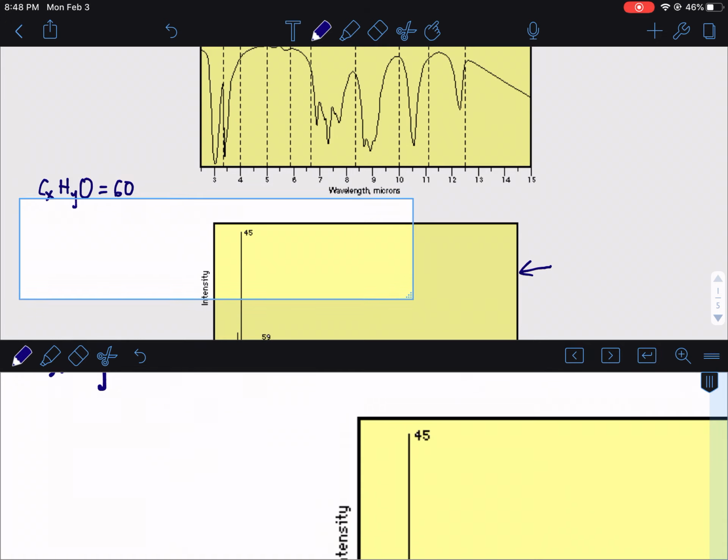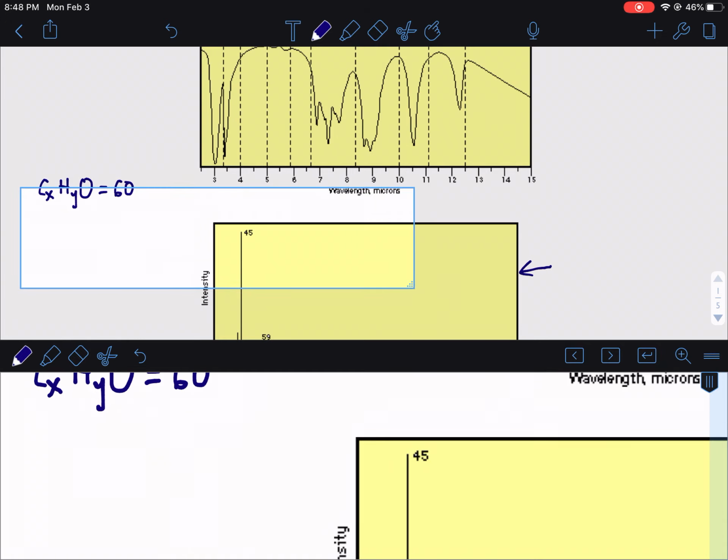What we know already is that carbon has an atomic mass unit of 12, so we're going to put 12x. So whatever number of carbons we have, we should be multiplying by 12, its molecular weight. And hydrogen we know is about an atomic mass unit of 1, so that would just be y.